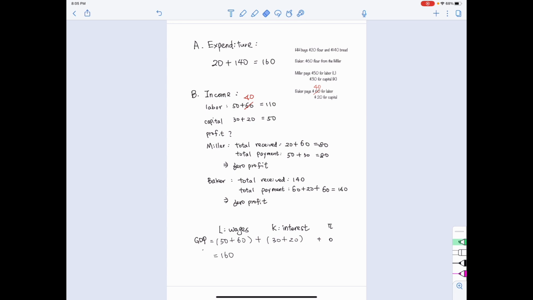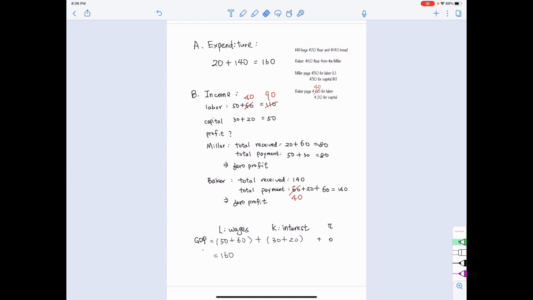How about the payment for capital? It turned out to be exactly the same because it didn't change at all. How about profit? The total amount the meter received remained 80, and the total payment the meter made remained 80, so it still has zero profit. However, for the baker, even though it still received $140 for selling the bread, the total payment is now different because the wage payment was reduced from 60 to 40.